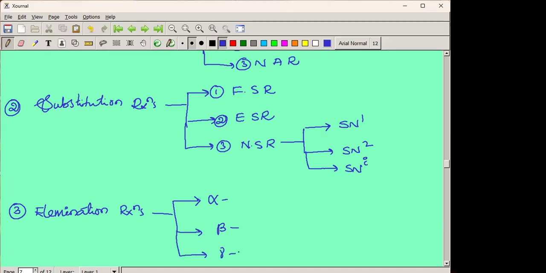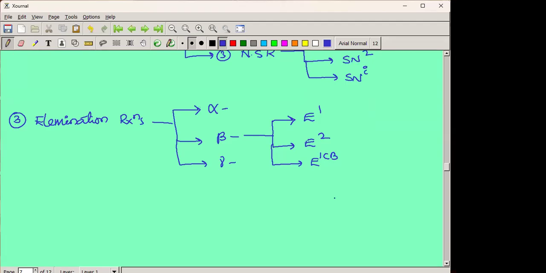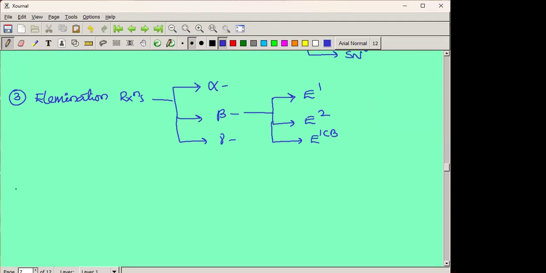The beta eliminations are E1 elimination, E2 elimination, and also one more, E1CB, conjugate base mechanism. That is elimination reactions.